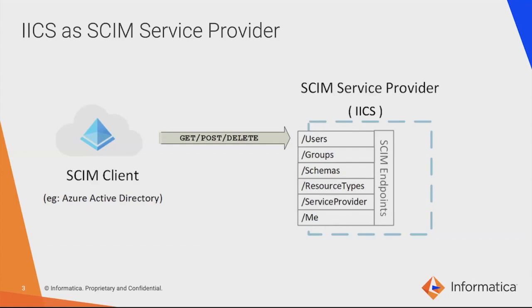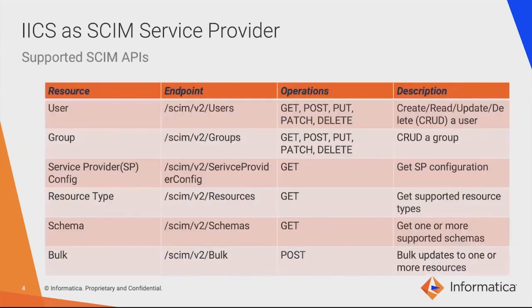The CRUD operations could be for users or groups or any other identity information, profiles, attributes, and so on. What Informatica is doing here is implementing the API calls that you would receive from the SCIM client, and then sending the response back to the identity provider. So that's the visualization of how the sync works.